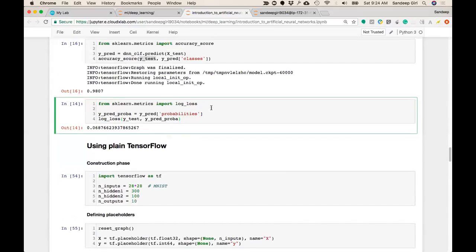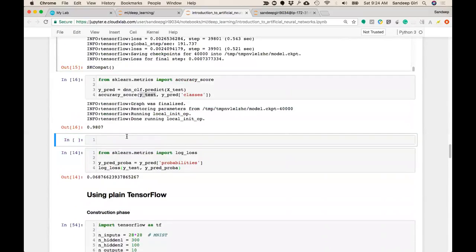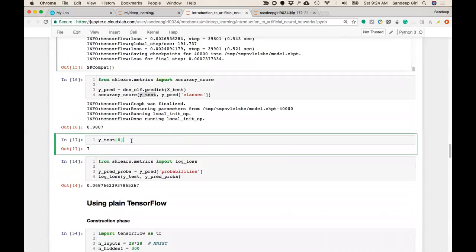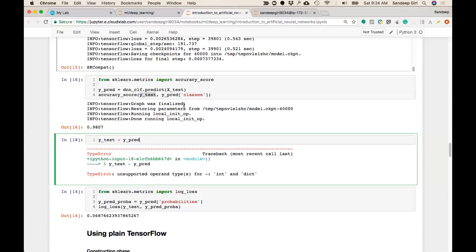Matrix subtraction would work. Yes. So here this is y test, and this is y predicted. We could compare y test with y predicted, or y predicted dot classes.